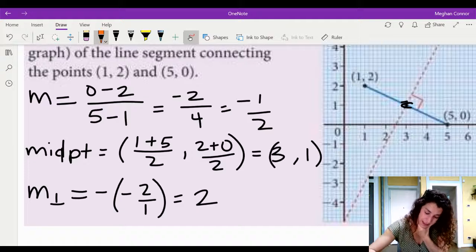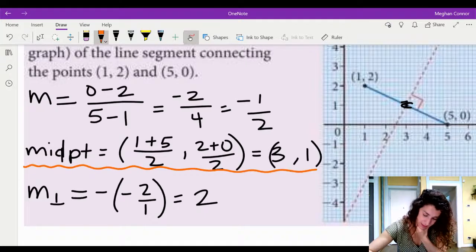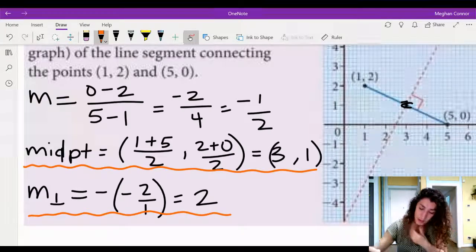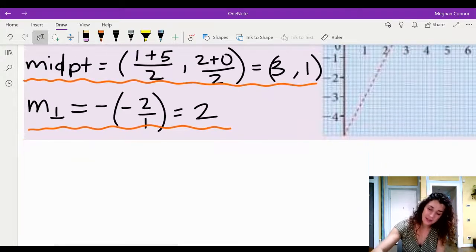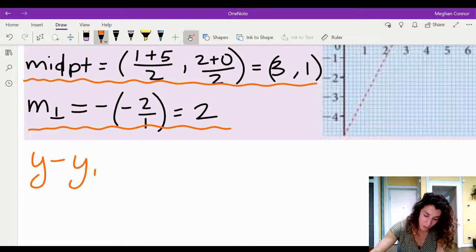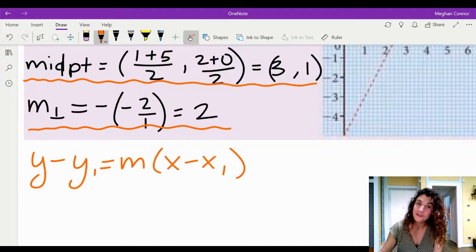So these are the pieces I need, the midpoint and the perpendicular slope, in order to build that linear equation, because now I have a point and a slope, so I can just put it together in an equation. If you remember, y minus y1 equals m times x minus x1, not in your formula packet, something you have to know.